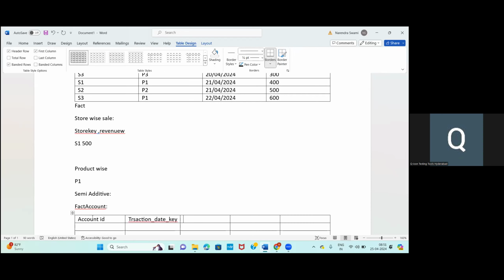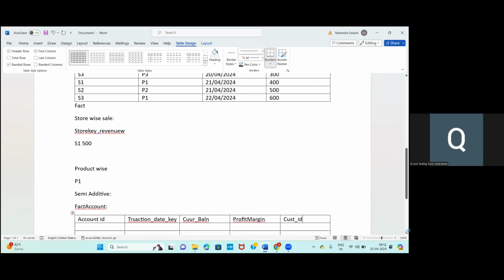Same way, we have a balance or current balance, and also we have a profit margin. Or you can have customer ID here.